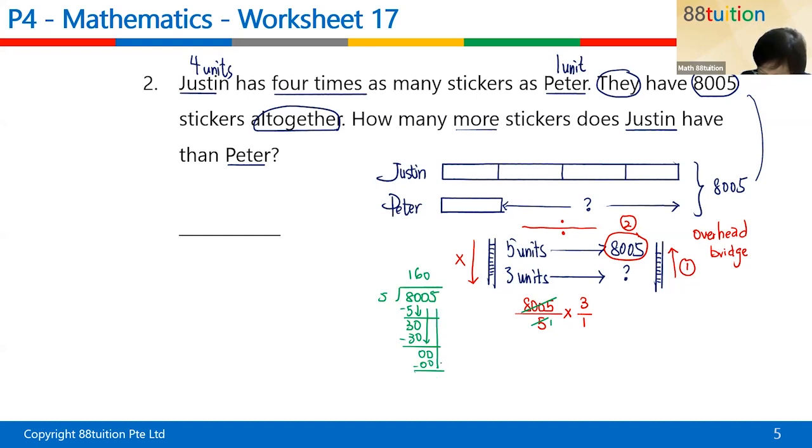Okay, and you bring down the last 5. So you get 1601. So from there, you must multiply by 3.